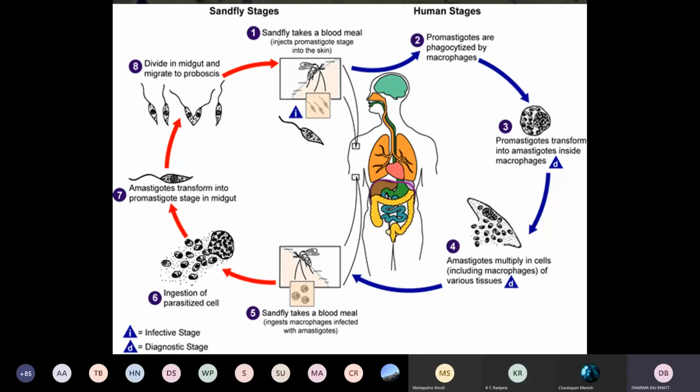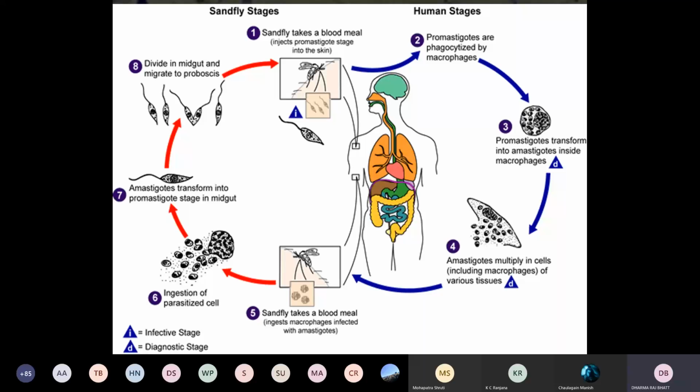So this may not be very difficult for you to understand. It's a simple life cycle, even much easier than malaria, because there is involvement of multiple organs and multiple stages of the parasite. Here we don't have much.